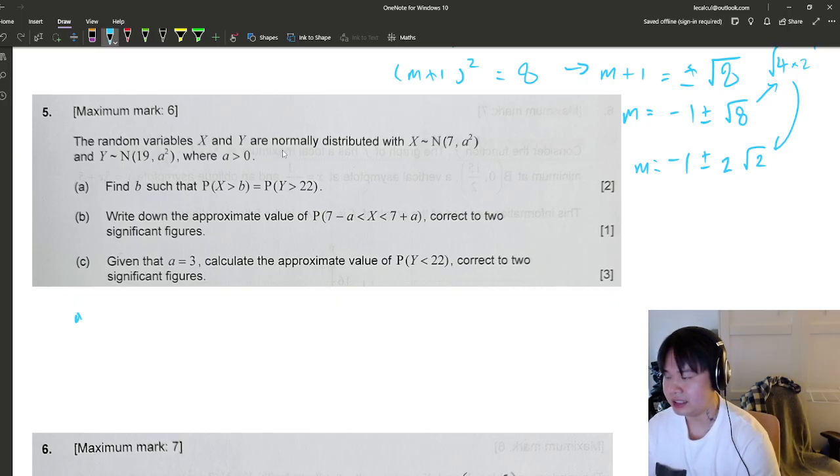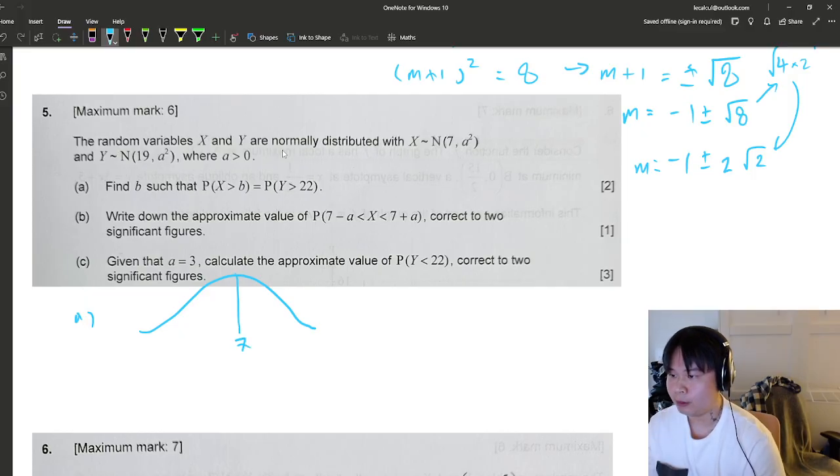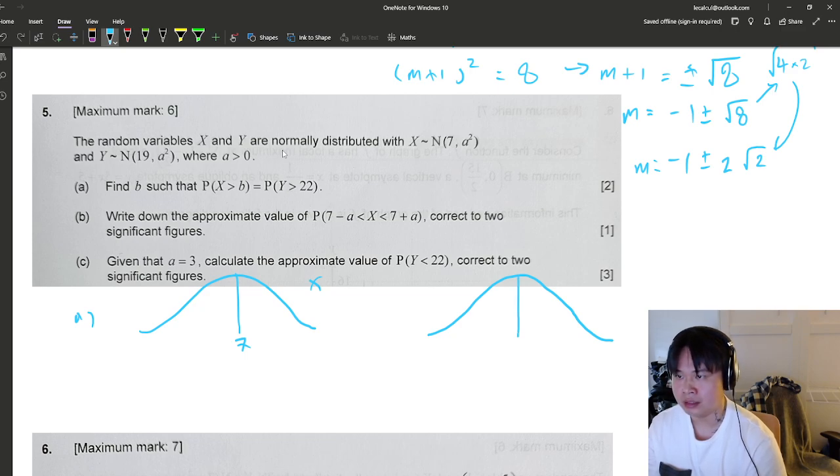Just helps me see things. So x is here with a 7, and then y is exactly the same standard deviation, so the same width to the bell curve. However, it has a different average.